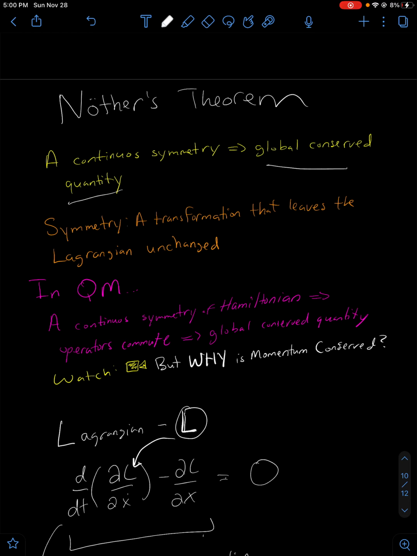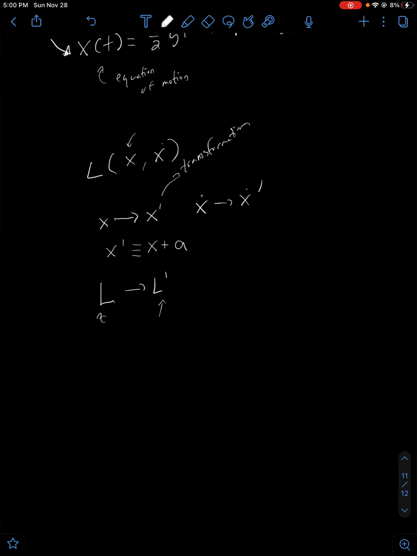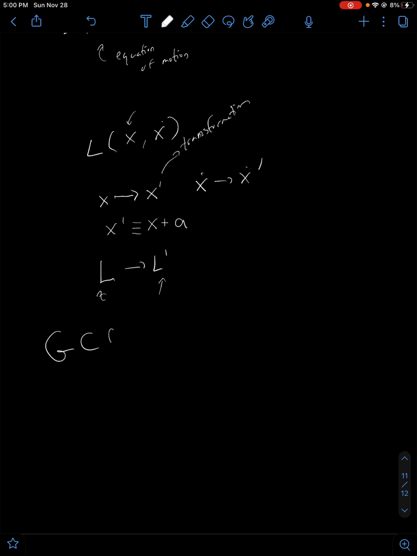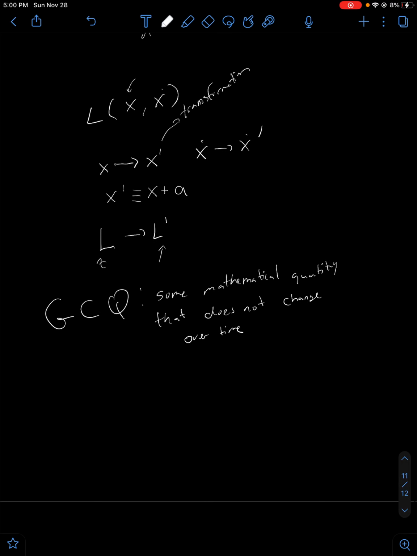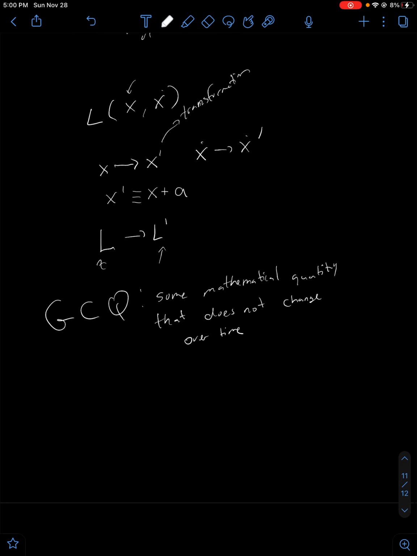Now, what is a global conserved quantity? Well, a global conserved quantity is just some mathematical quantity that does not change over time. For example, you might have learned in middle school or high school that energy is conserved.